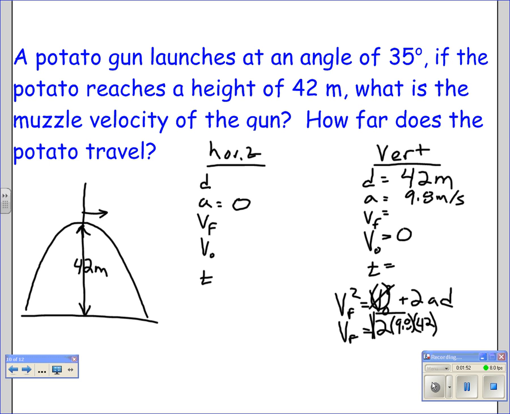So if you calculate that out, we come up with a final speed that it lands vertically of 28. I guess you got two significant digits. Let's call it 29 meters per second.